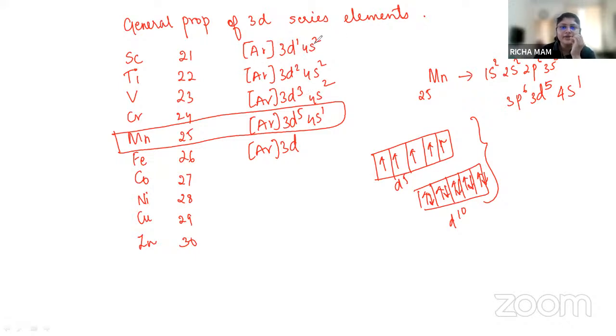Counting 18, 19, 20, 21, 22, 23, 24. This is for chromium, not for manganese.